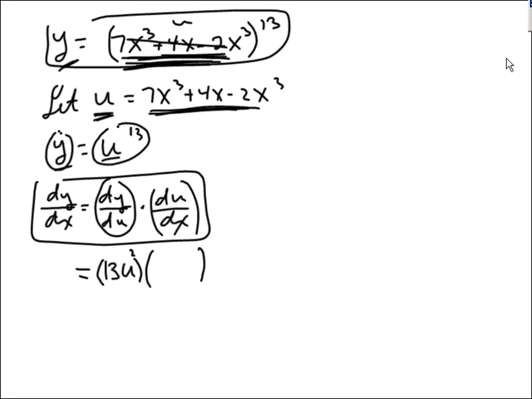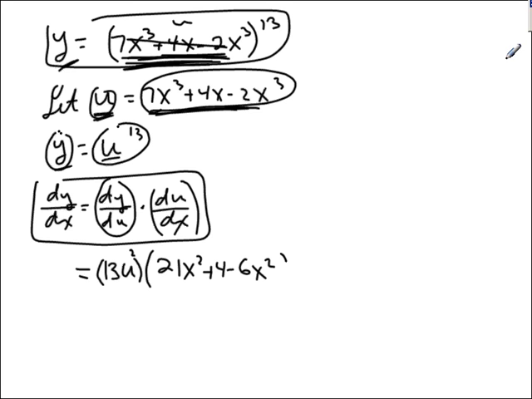I might need a little bit more space. I take the derivative of u, and I get 21x squared plus 4 minus 6x squared. And then I substitute back what u is, 7x cubed plus 4x minus 2x cubed.